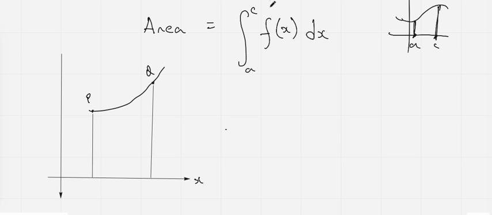Now what I do here, I say that let there be another point over here between my P and Q somewhere. I call it R. So these are the coordinates of my P and Q. The x coordinates of my P and Q are A and C, as I told before.